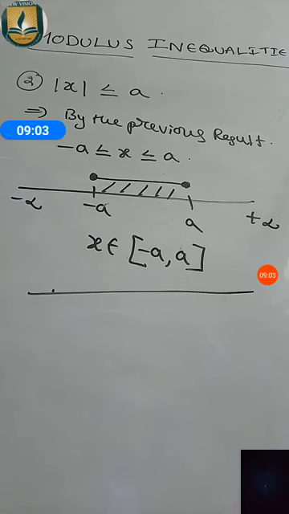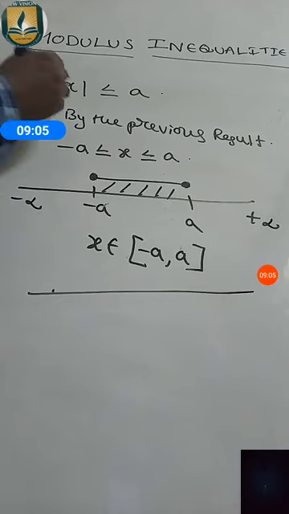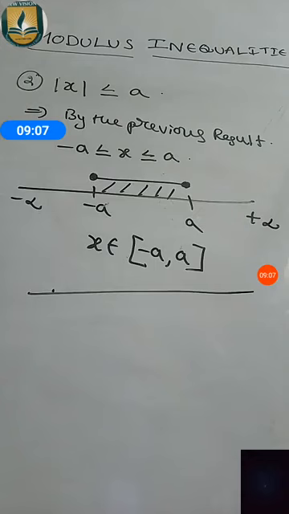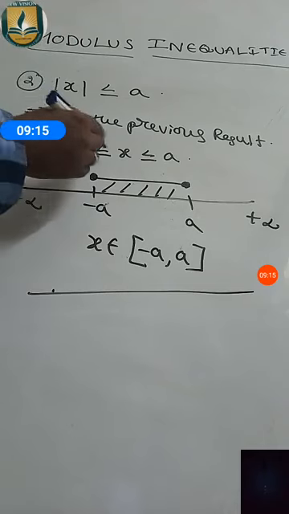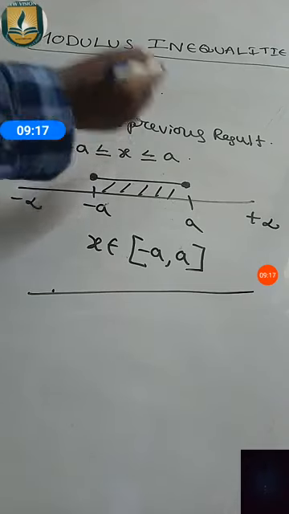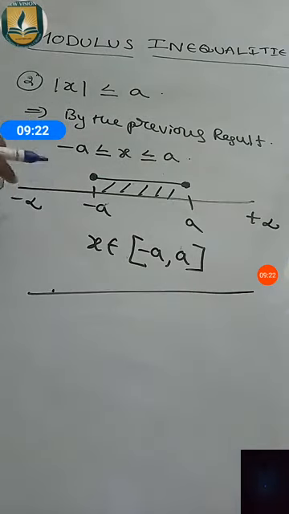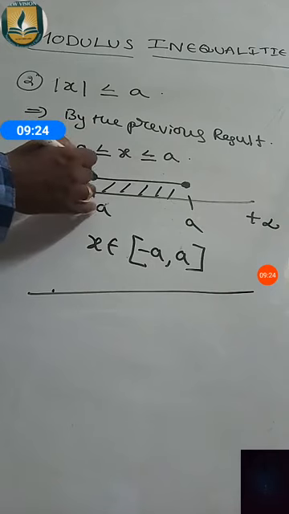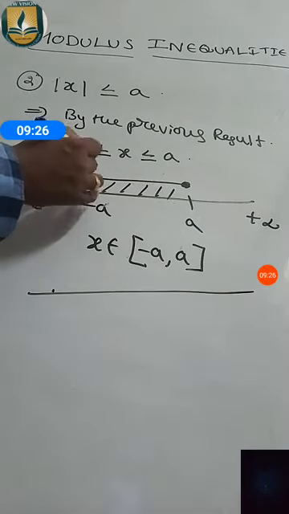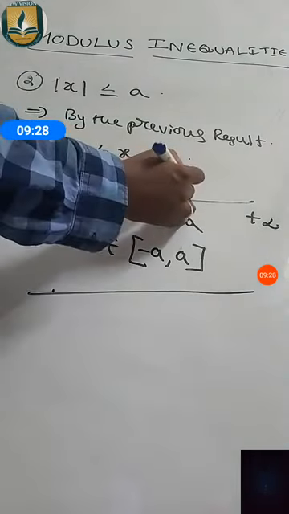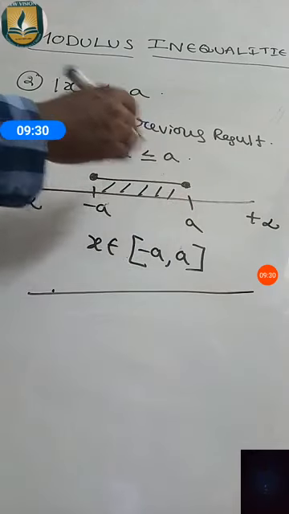Now the second result: mod x is less than or equal to a. By the previous result, we get minus a less than or equal to x less than or equal to a. On the real number line, the equal to sign means this circle is shaded, that is included, and here also this circle is shaded, that is included.